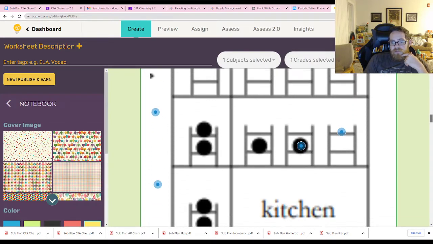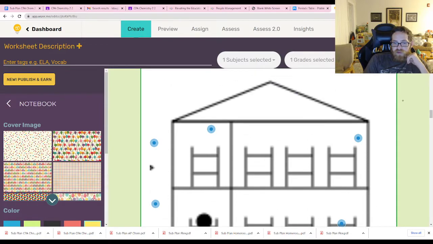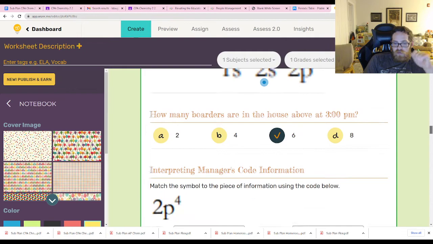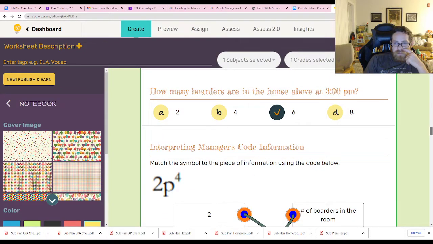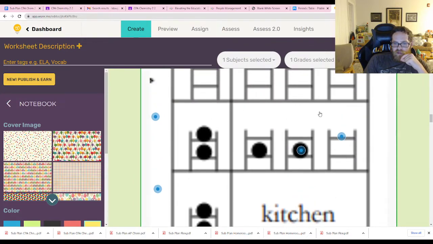All right. So for this one, right, the labels were just sunny room, bunk, border, things like that. So for the above one that asked how many boarders are in the house, you literally just count the dots. 1, 2, 3, 4, 5, 6.